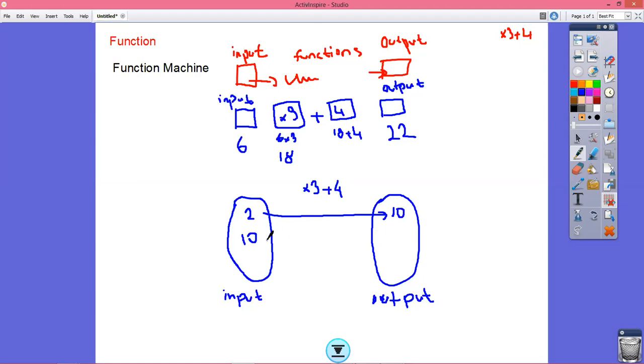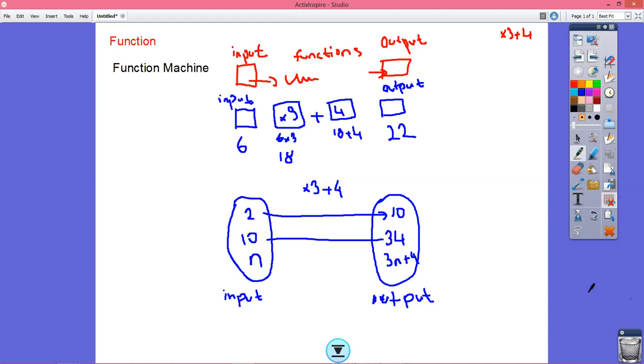So for 10 our output will be 34. If I put n instead of input, what will be our output? It will be n multiplied by 3 plus 4, that is, 3n plus 4.